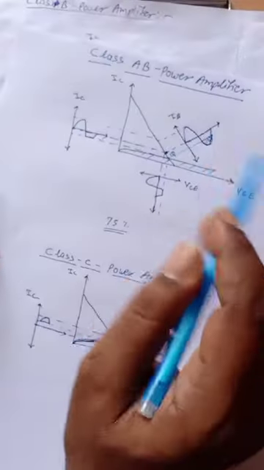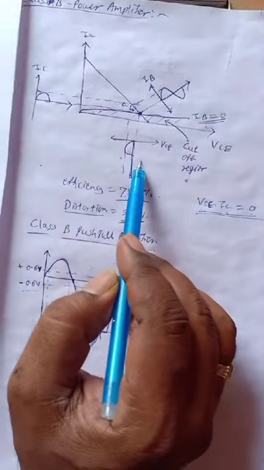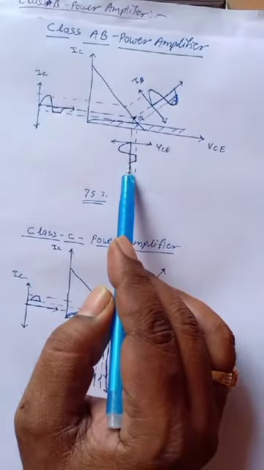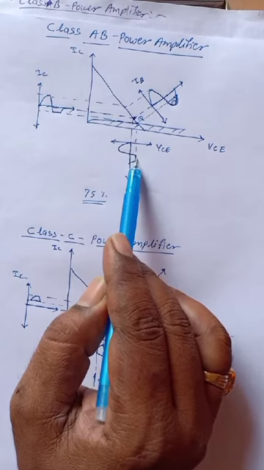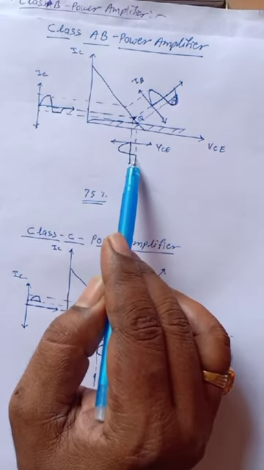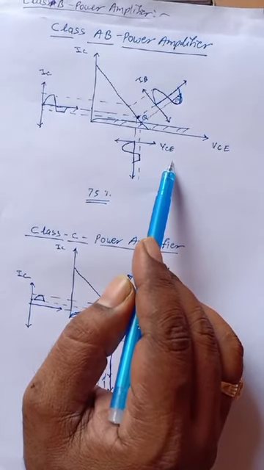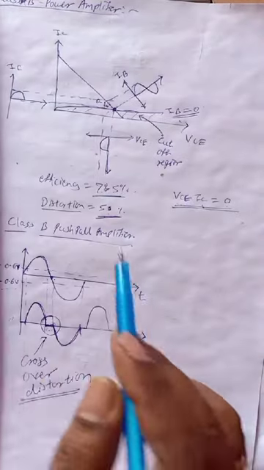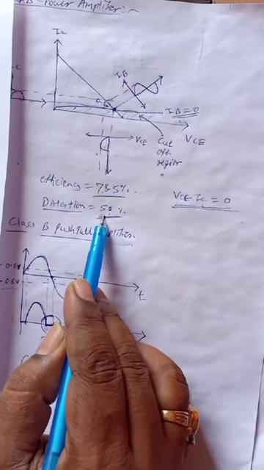In the class B power amplifier there is a 50% distortion, because half cycle does not appear at the output. Here, less than half cycle is lost at the output, so the distortion becomes less than 50%.